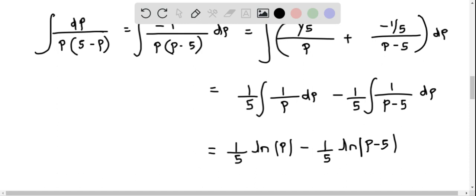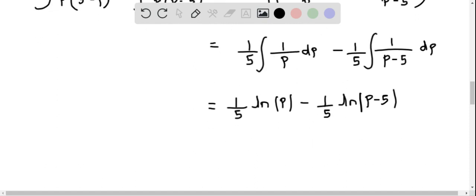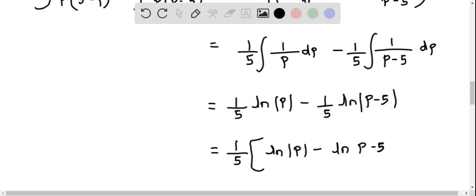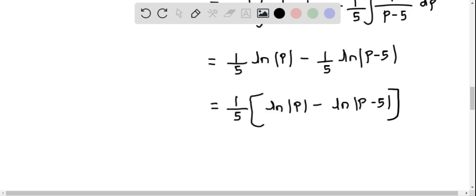So in the next step, we can factor out the 1/5 and write down this as a single natural logarithm. That is, if we factor 1/5, we'll be left with natural logarithm of absolute value of p minus natural logarithm of absolute value of p minus 5. Now we use the property of natural logarithm, that is, natural logarithm a minus natural logarithm b.